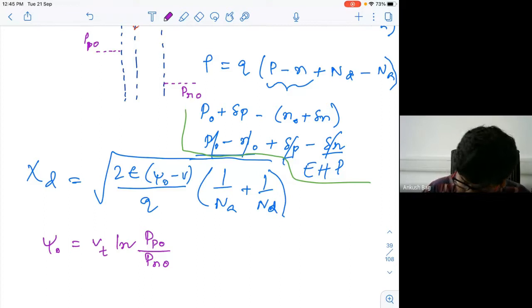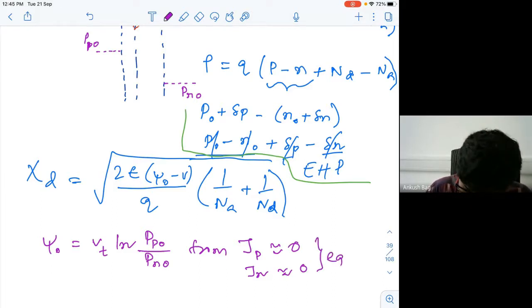This Boltzmann approximation, if we recall, we have derived from Jp and Jn equal to 0 under equilibrium. Because this is still equilibrium, the parameter is psi naught, the built-in potential.